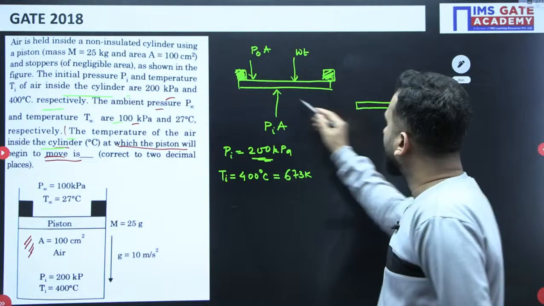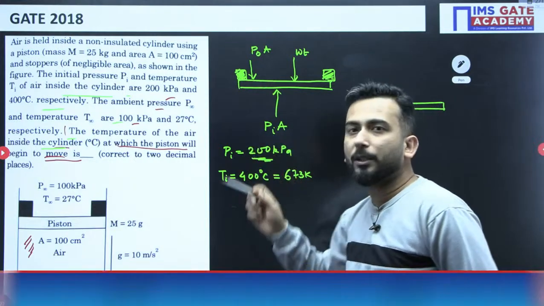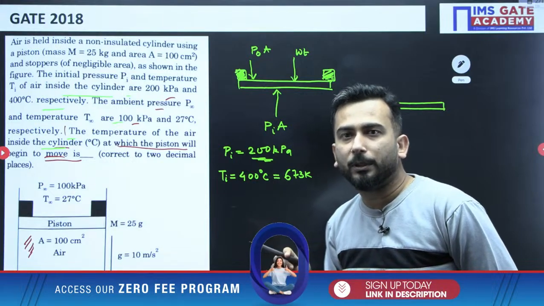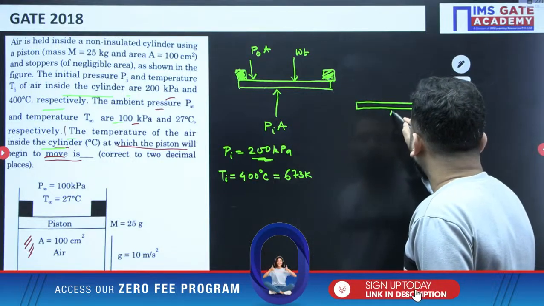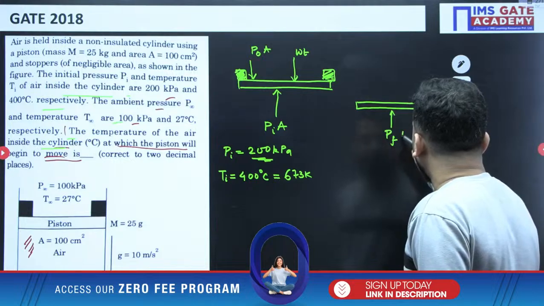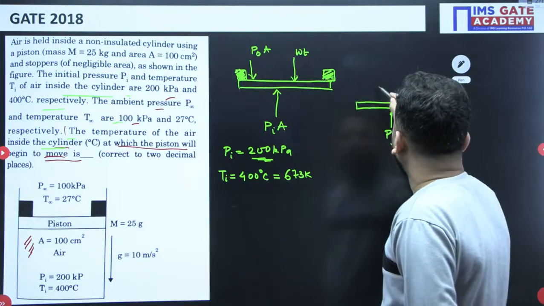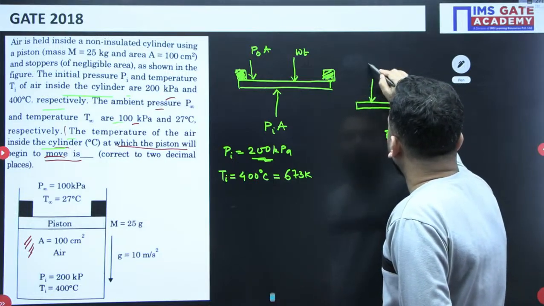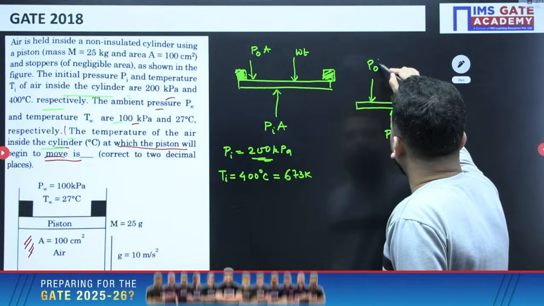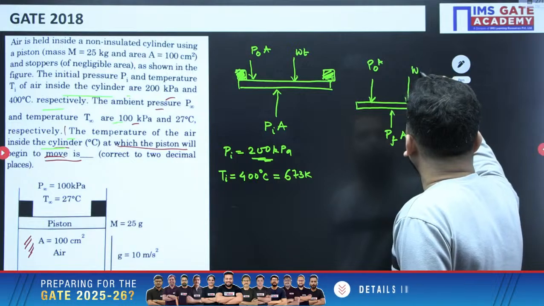definitely some forces need to balance, so this side pressure will reduce. I don't know what the pressure is at this state, so let's say it is PF and the area is A, that means the force is PF into A. From above, atmosphere is there, that is P naught into A, and the weight of the piston is also there.